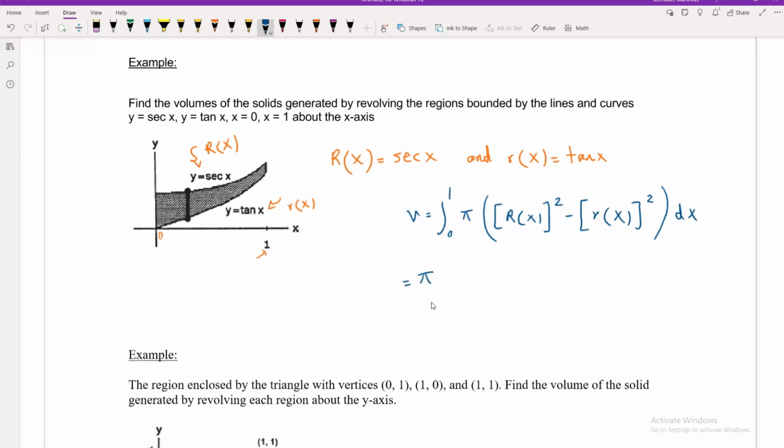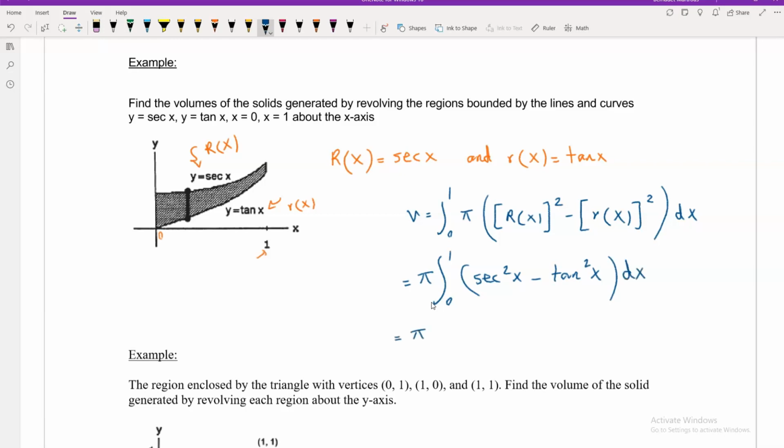So that is equal to pi times the integral from 0 to 1. The outer radius is secant x, and we have a square, so it's secant squared, minus the inner radius tangent, and we have a square, so it's tangent squared, times dx.